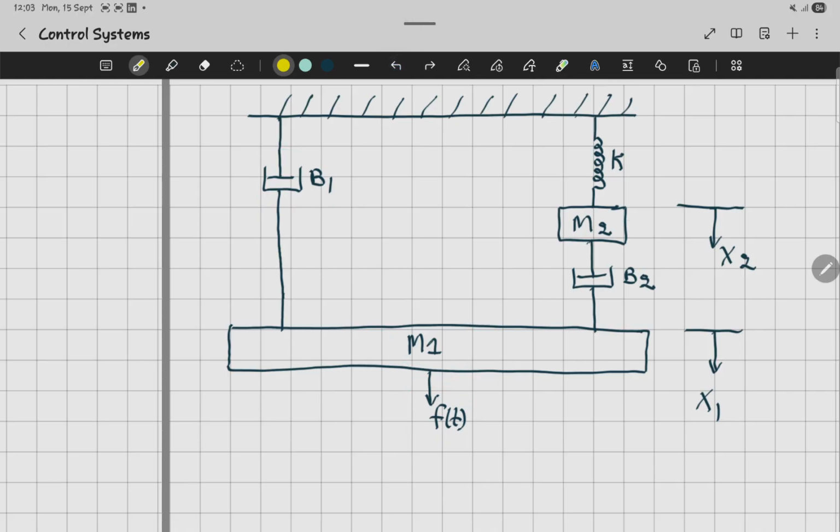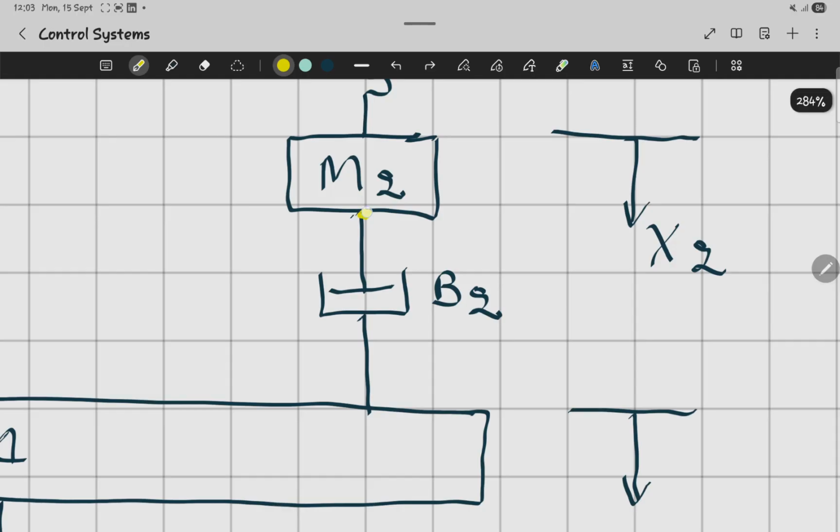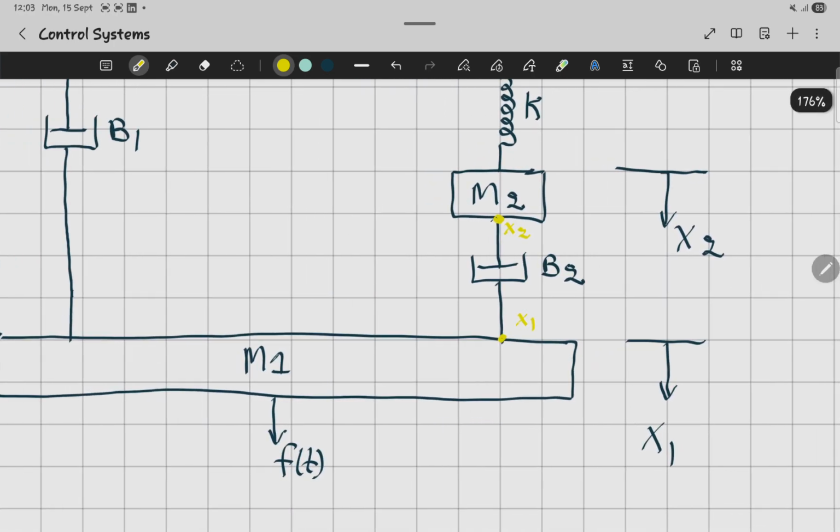Before I separate them, I need to specify the component in between those two masses, and I need to specify the tension that we have here. Here it's x1 because mass 1, we get x1, mass 2 we get x2. So that is the thing that you need to pay attention to.